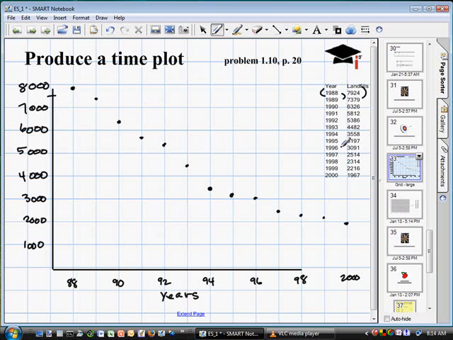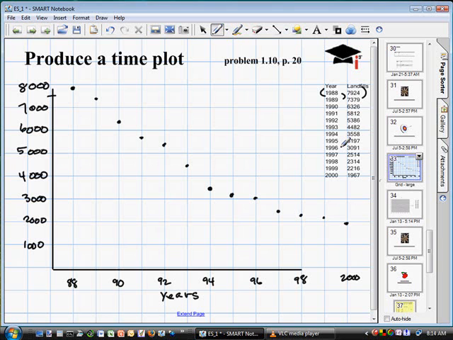Now, you don't want to connect the dots, at least officially. I mean, you can connect them in your head and say, hey, we got a trend here, and this is a positive trend. It's heading downhill, that is if you're happy about having fewer landfills. You'll probably also notice it's maybe curving a little bit. And this makes sense. This can't keep going downhill in a straight line, can it?